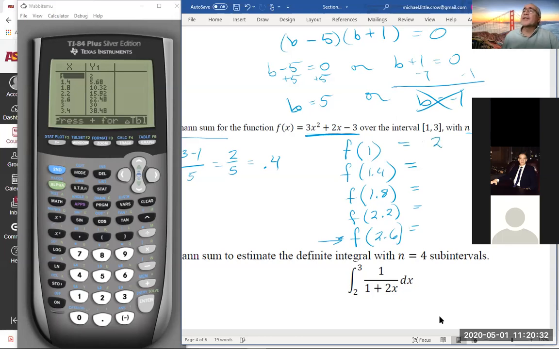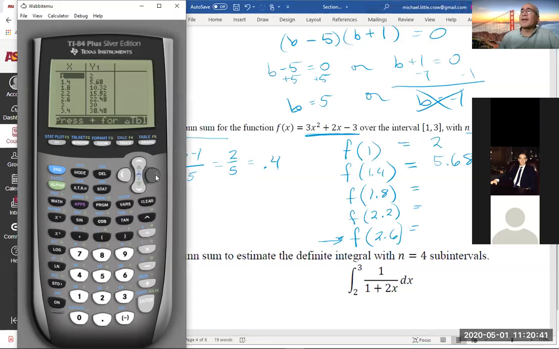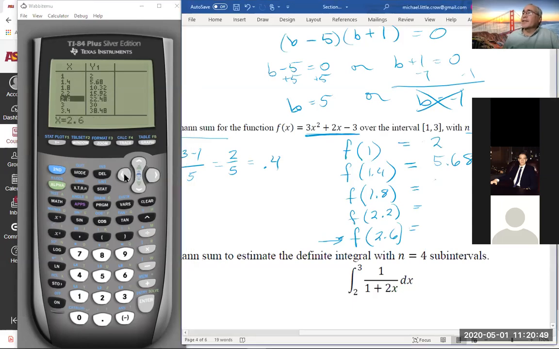So this is 2, this is 5.68, and if you come over here, you can see if they've been rounded any, but yes, to 2 decimal places. This is 10.32. This is 15.92, and this is 22.48.